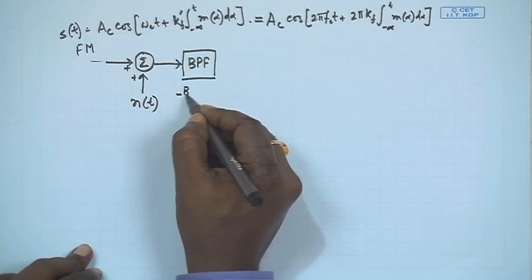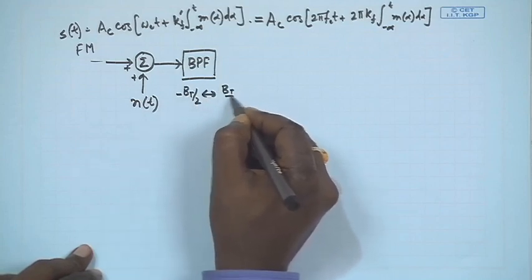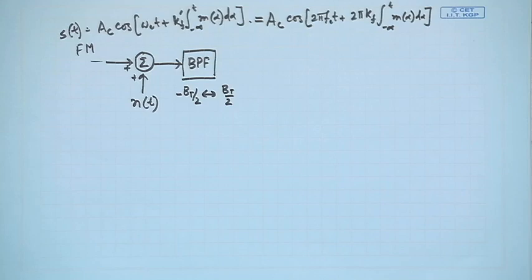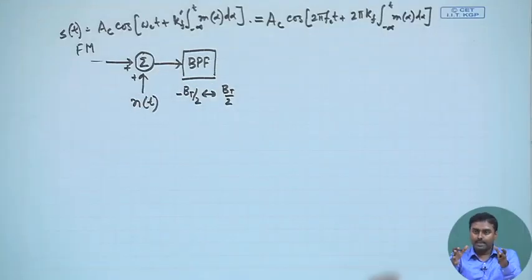So, we call that from minus BT by 2 to plus BT by 2. BT is the overall FM band, which comes from Carson's formula. So, it is actually 2 times (del f plus B), right. So, that band pass filter should be put so that the entire FM band comes into my receiver.